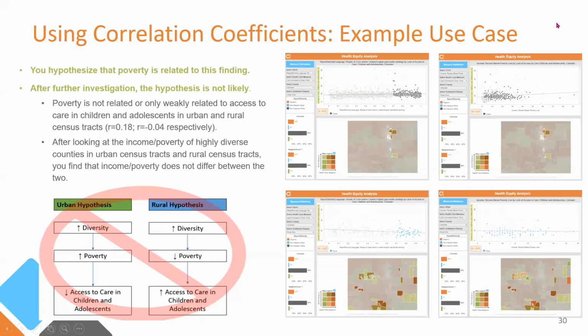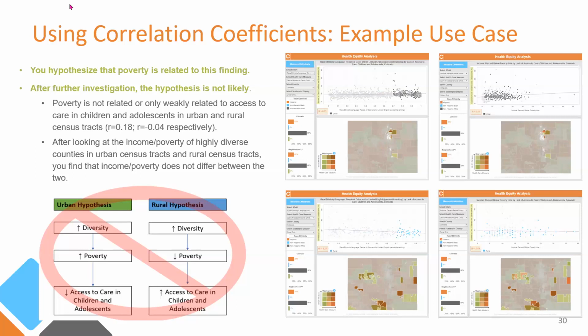So you highlight, for the urban counties, census tracts with ratings greater than 0.7, and then you switch using the select SDOH filter over to income, and you can see that the distribution of incomes there is pretty similar to not as diverse census tracts.